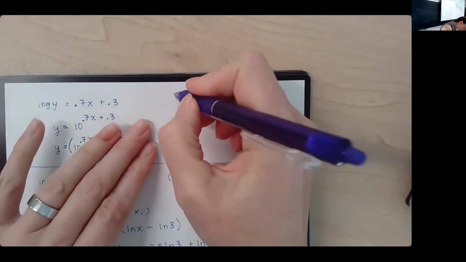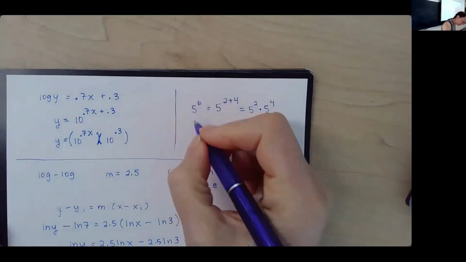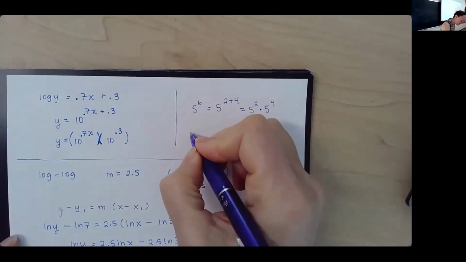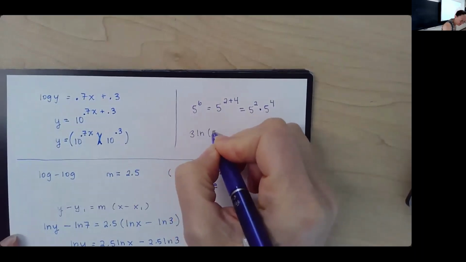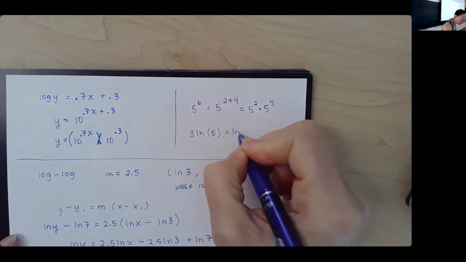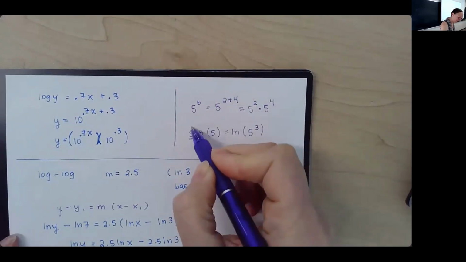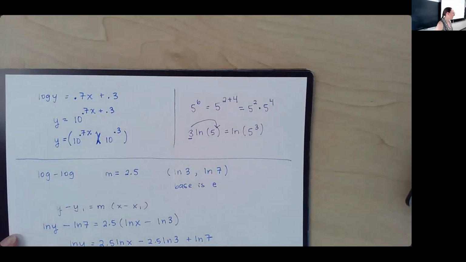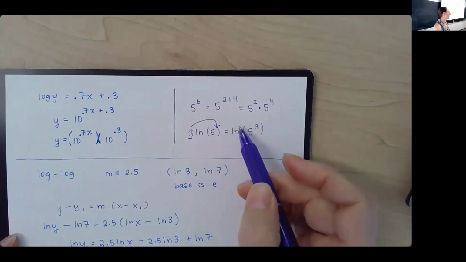One of our log rules says that if I've got something like 2 times natural log of 5, that's the same as natural log of 5 squared. Because if I've got a number out in front of the ln, I can pop it inside. Or if it's inside, I can pop it out front.